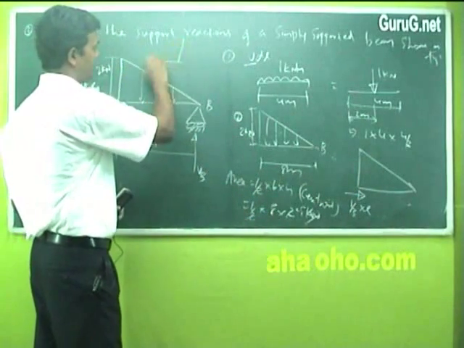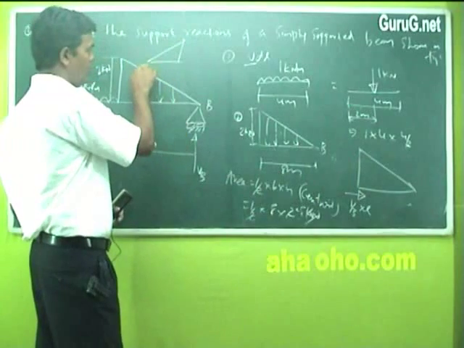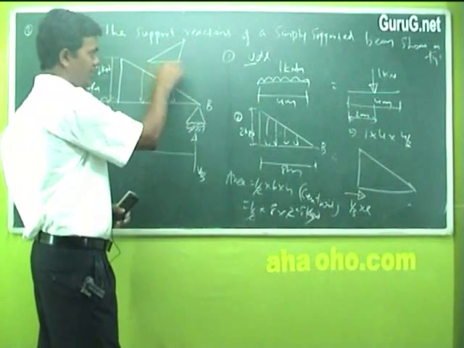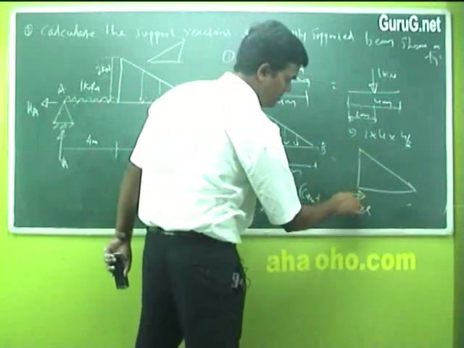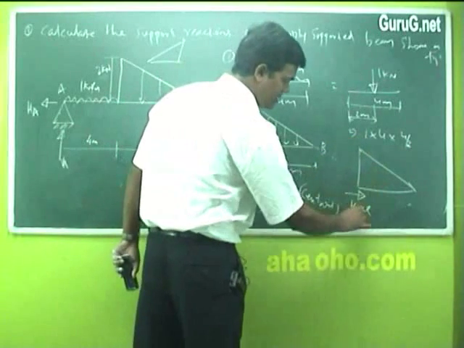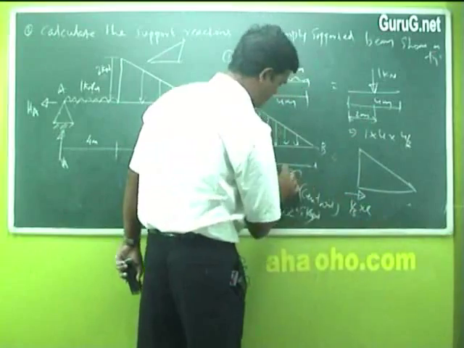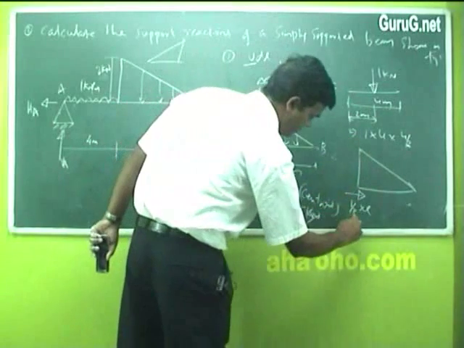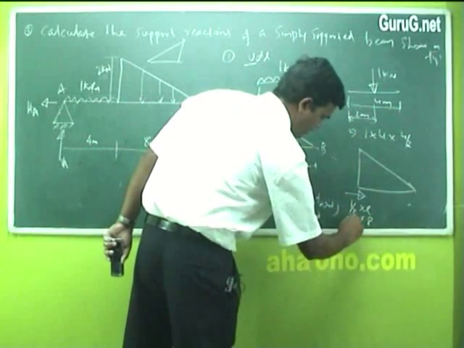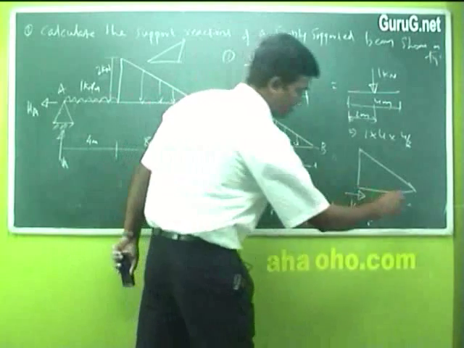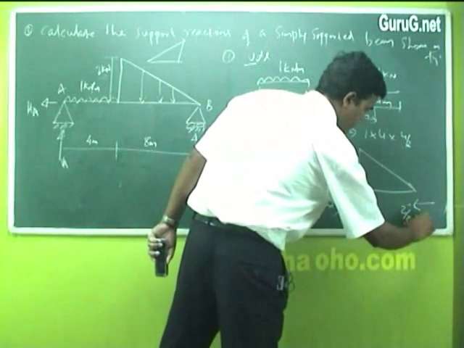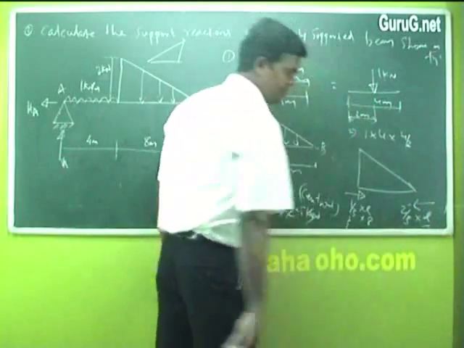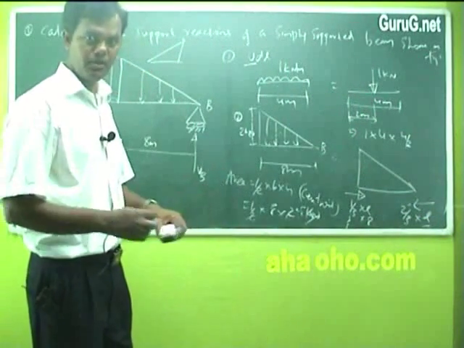You can have a triangle like this, is it not? So you can calculate from this lower end, smaller end or bigger end. The rule is, if you start from the bigger end, the distance is 1 by 3 of the total length. That is 1 by 3 into 8 here. Suppose you start from the smaller end, you write 2 by 3 into 8, L. That's it. Very simple.